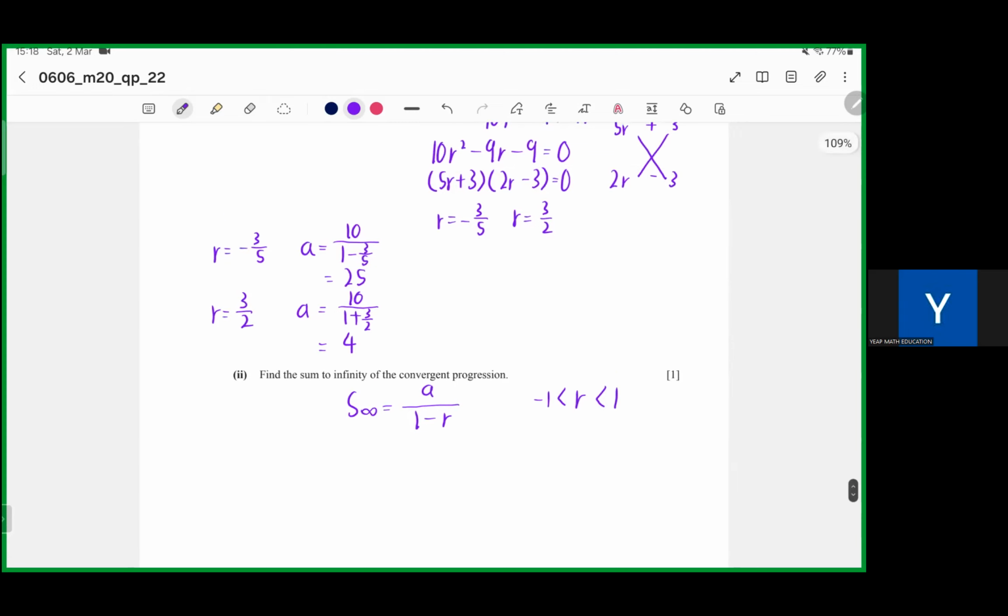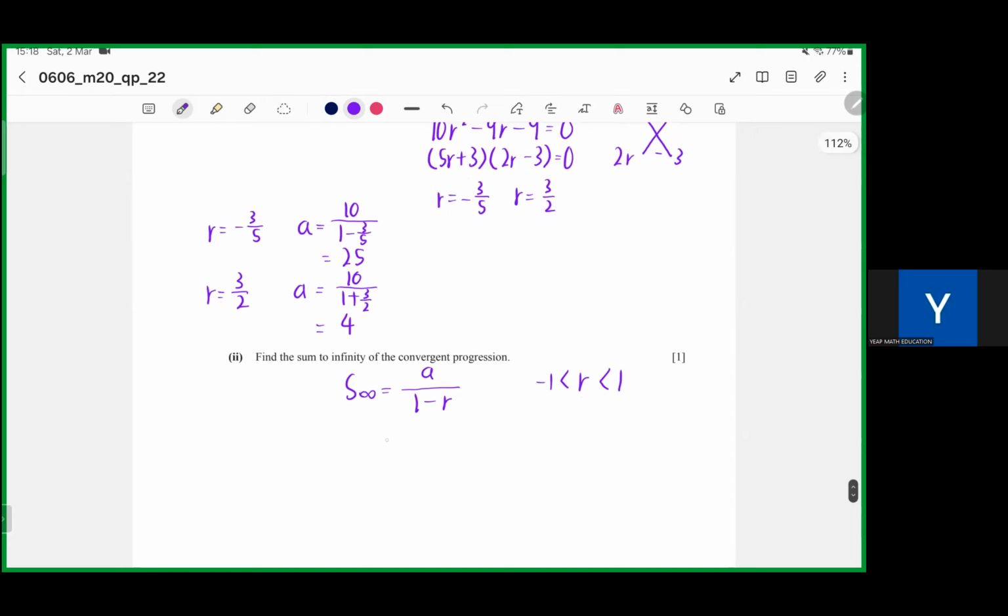So we see which common ratio will be in this range. So you can take negative 3 over 5. So we get 25 over 1 minus 3 over 5 here. So we get the answer, let me press the calculator. Okay, 125 over 8.